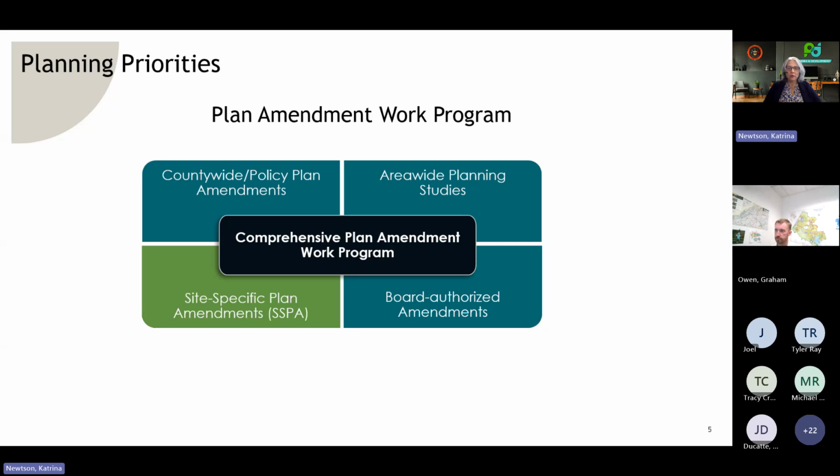Items on the work program include countywide policy amendments, small area planning studies, site-specific amendments that are evaluated through the SSPA process, and then there are site-specific amendments that are authorized separately, which in the past we have referred to as out-of-turn plan amendments.